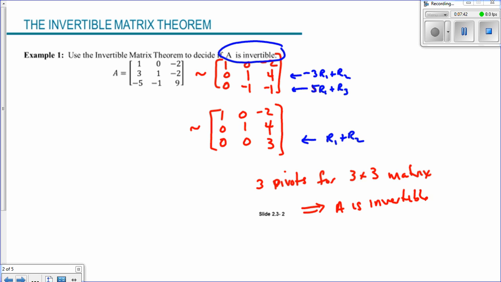So look at the conditions and see what's the easiest thing to show based on the matrix we're given. Looking at the number of pivots is easier than checking the columns to be linearly independent, where we would have to solve a system, or even reducing it all the way to an identity. Just get the number of pivots.